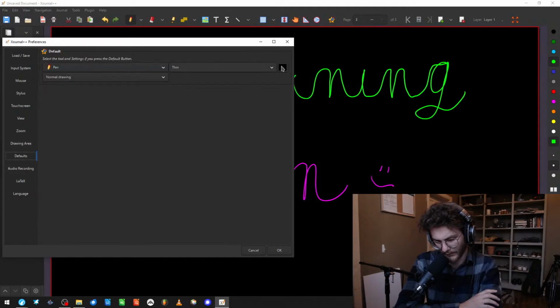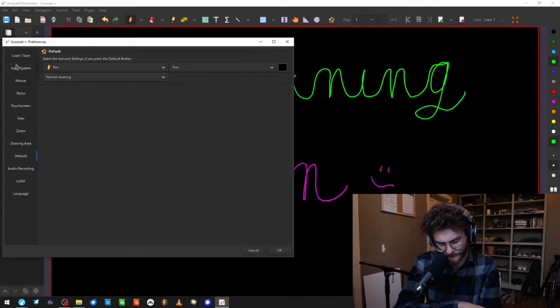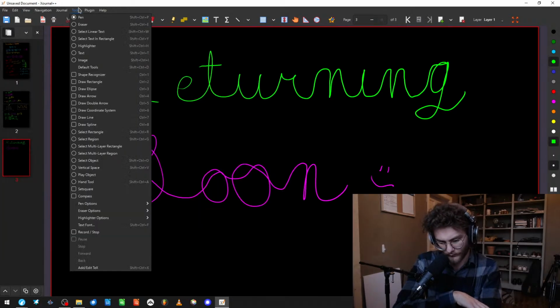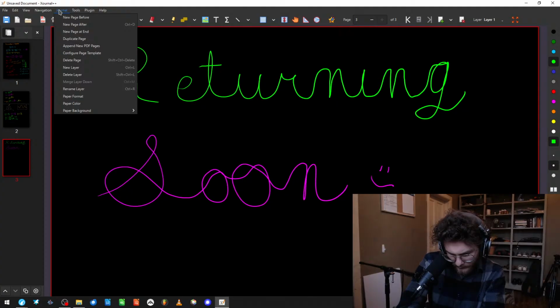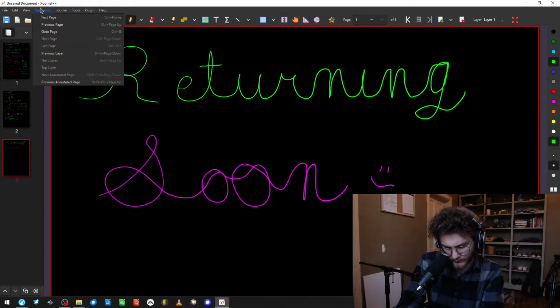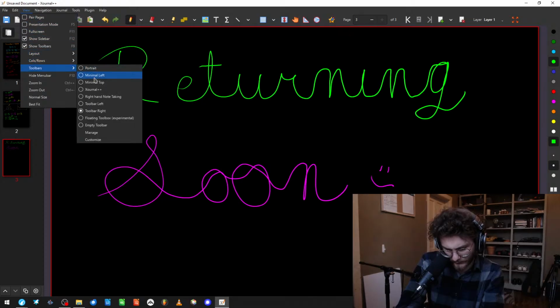See, because you could do like a custom color here, right? And you can just RGB it. Tools. Plugin, customize toolbar. I'll find it. Toolbars. Customize.